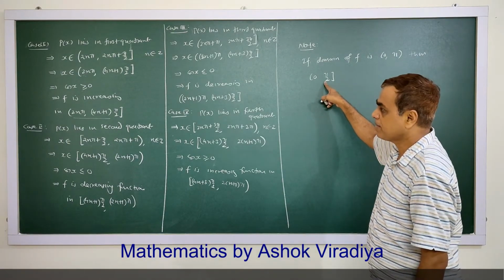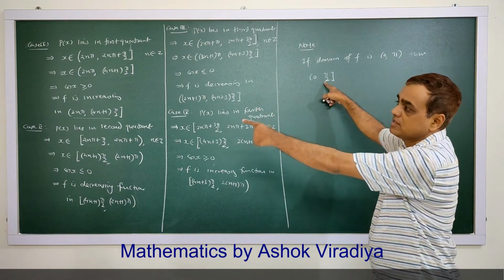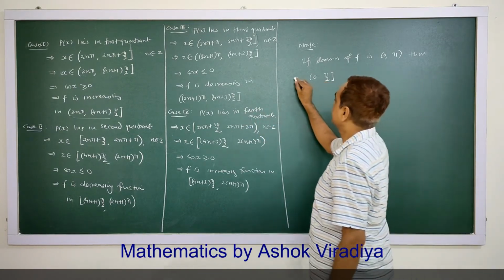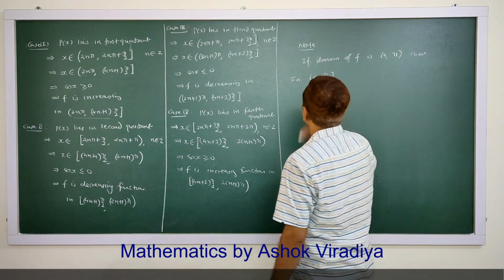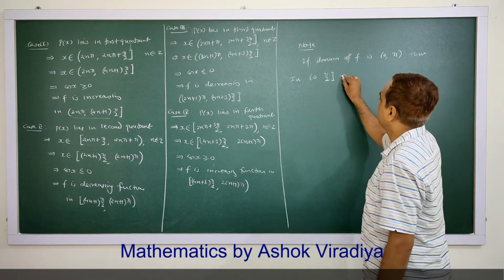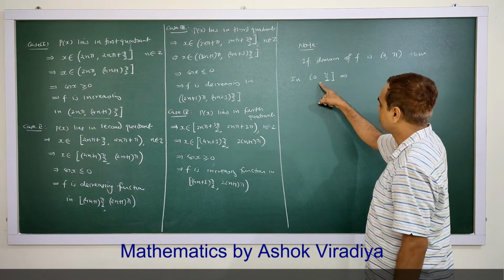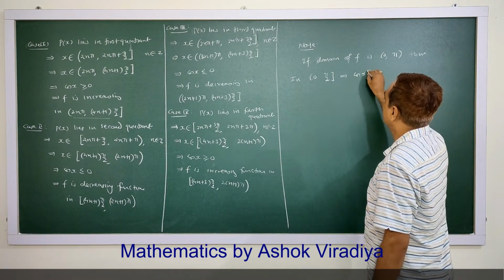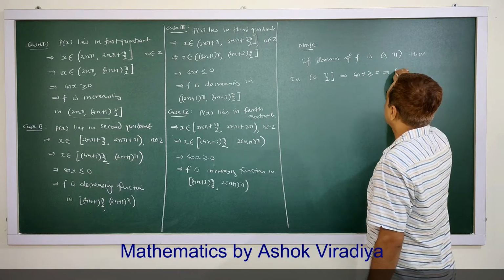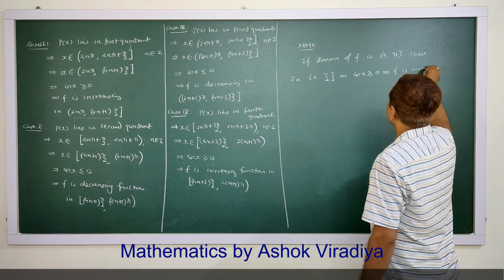So in 0 to pi by 2, in the first quadrant, the function is increasing. Here in this interval, cos x is more than or equal to 0. So the function is increasing.